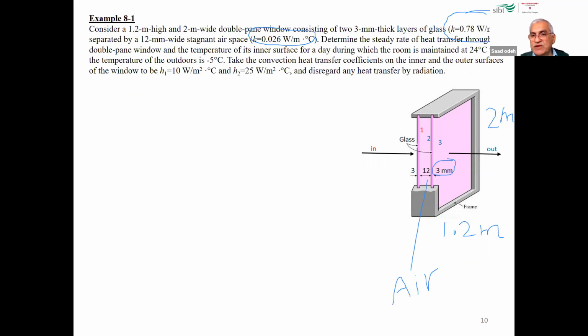The air is not moving. So that's why there is no movement of the air. It means there is no natural convection. And then the heat transfer by convection is small. The other type is conduction here. That's why we need conduction K, the K factor, because we need to find heat transfer in the air space between the two layers.